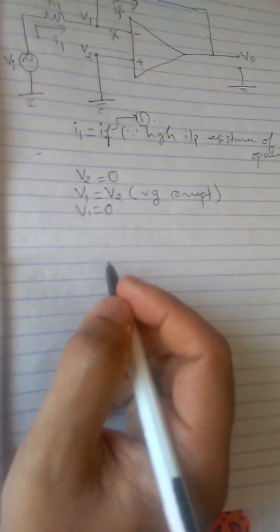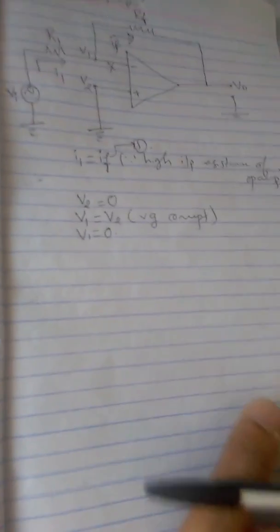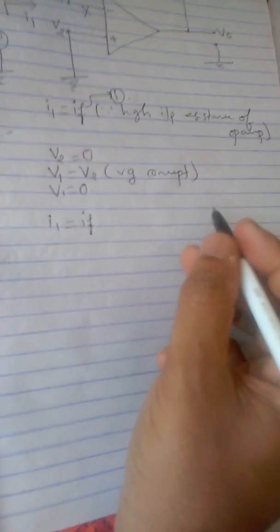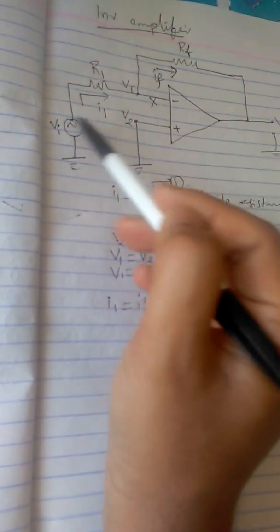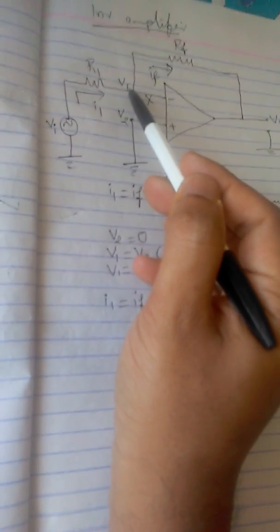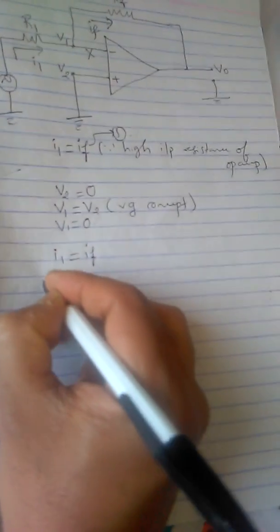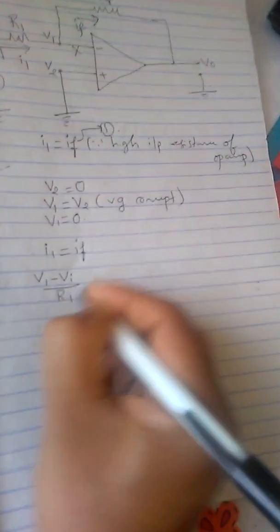Now I need to express equation 1 in terms of V and R. Our equation 1 is I1 equal to IF. I1 is the current that flows through R1. R1 is connected between V1 and Vi, so I can take the potential difference between V1 and Vi divided by R1. So V1 minus Vi by R1.